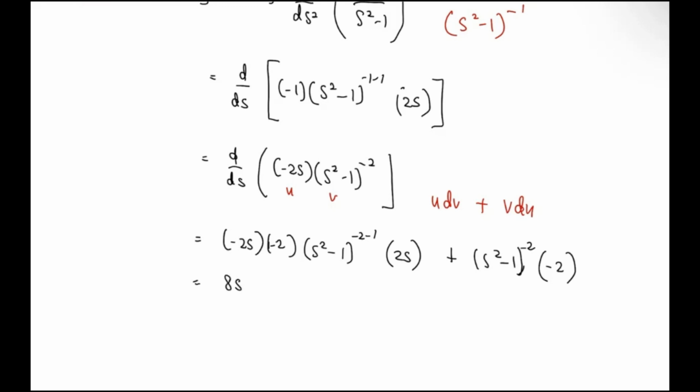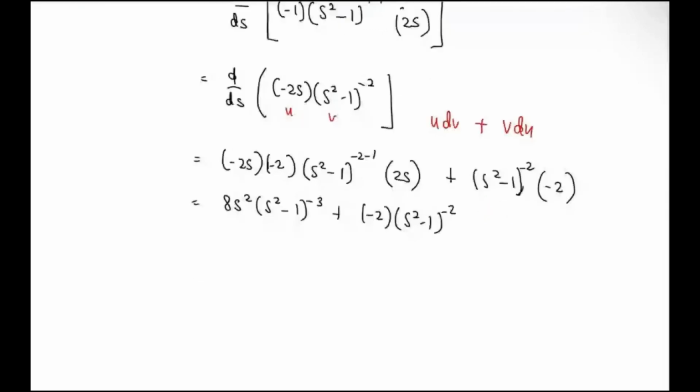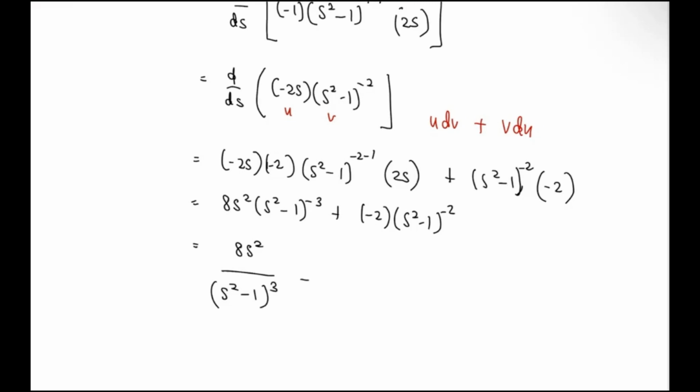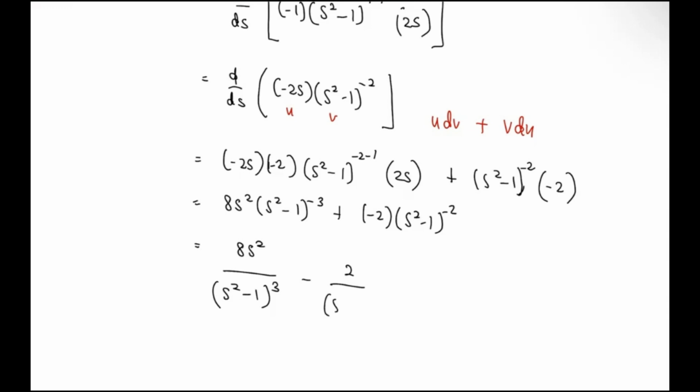So 8 s squared, s squared minus 1 to the power of minus 3, plus minus 2 times s squared minus 1 to the power of minus 2. So this one will be 8 s squared over s squared minus 1 to the power of 3, minus 2 over s squared minus 1 squared.